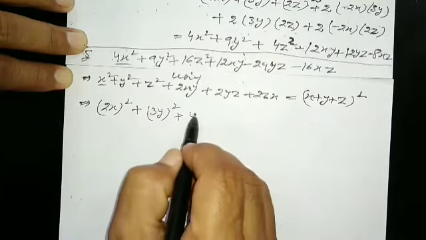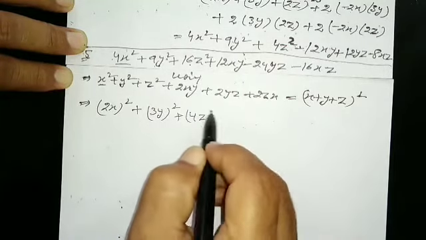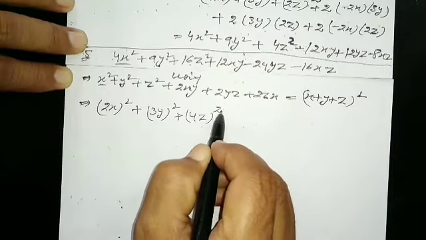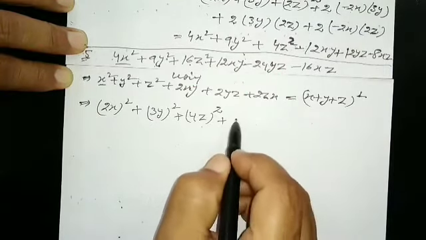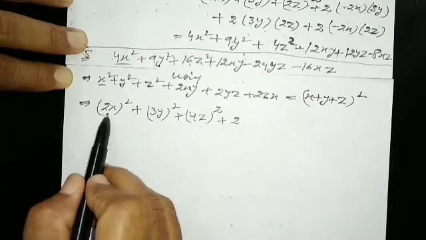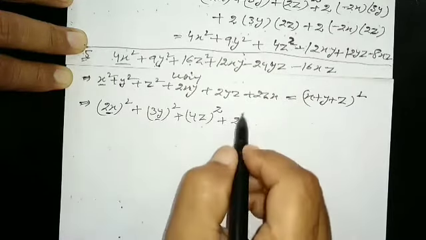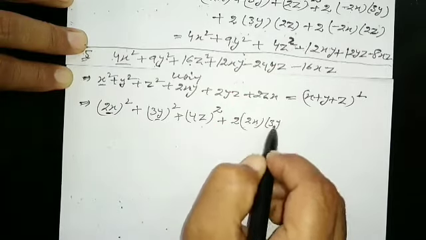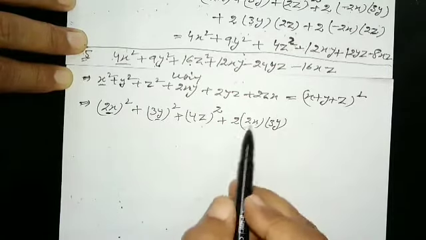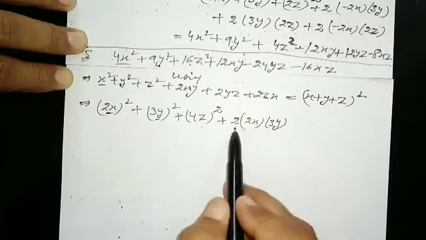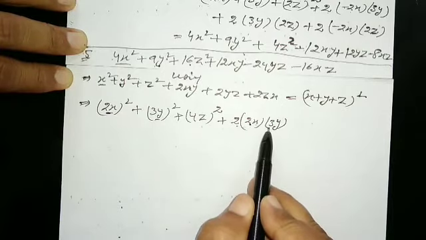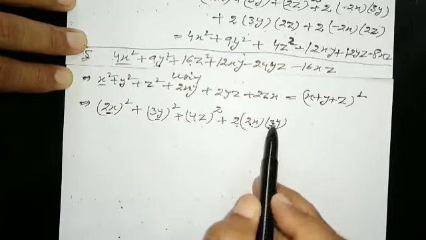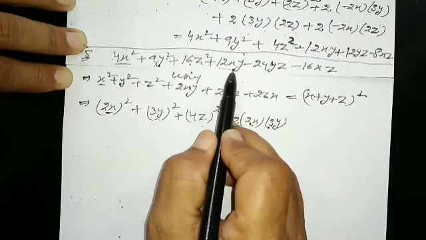Third, 16z square, we can write here as 4z whole square. Plus 2 into first into second. This is first, this is second. What is first? 2x. What is second? 3y. Now verify this value. 2 into 2, 4. 4 into 3, 12xy. And we also have here 12xy.